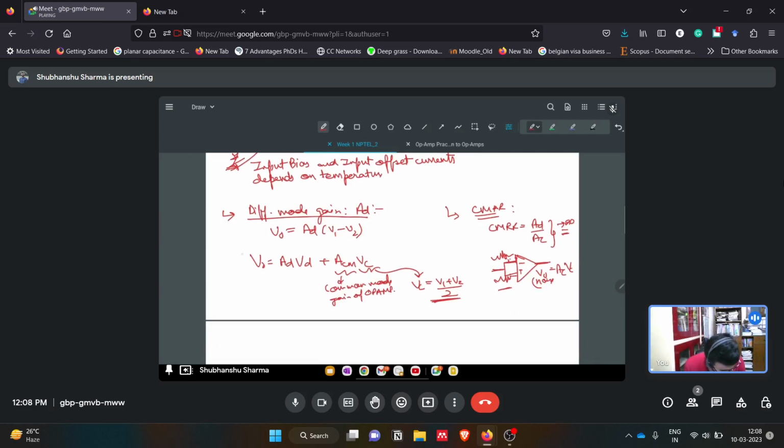So the output of the op amp is given by V0 equals AdVd plus ACM Vc, where Ad is the differential gain which we want, and ACM Vc is the common mode gain and common mode voltage contribution for the op amp.